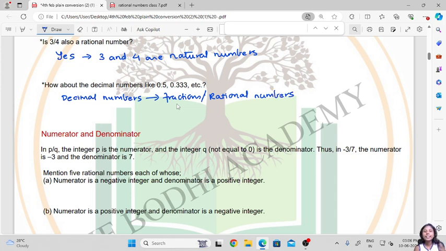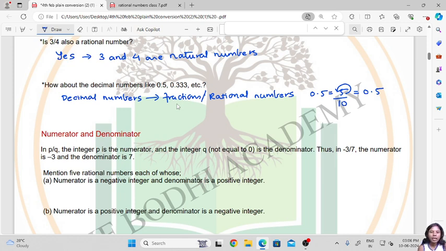Say we have 0.5. If we have to write it in the form of a fraction, 0.5 will be equal to 5 divided by 10. There is only one 0 here, so if I shift the decimal by one place, we get 0.5. So decimals are also rational numbers.